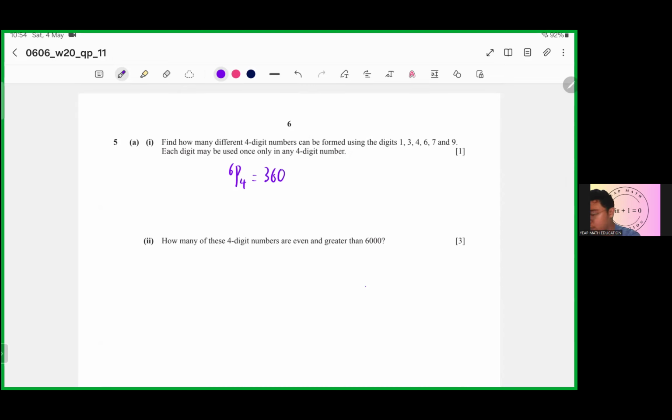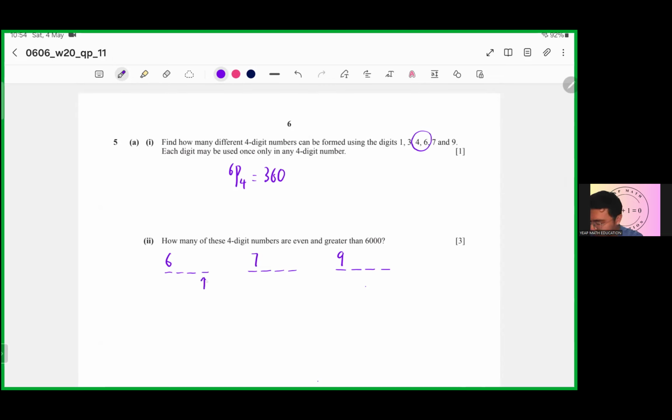Okay, part 2. How many of these 4 digits number are even and greater than 6,000? Now we can look at 3 cases: 6,000, 7,000, and 9,000. Now we just have 2 even numbers, 4 and 6.